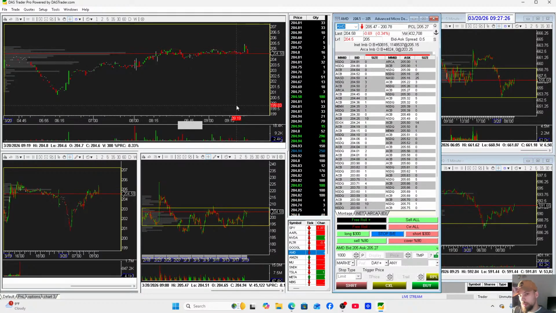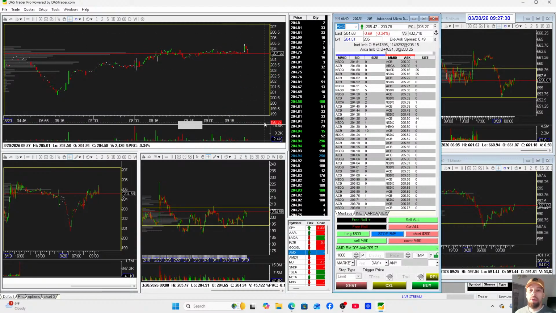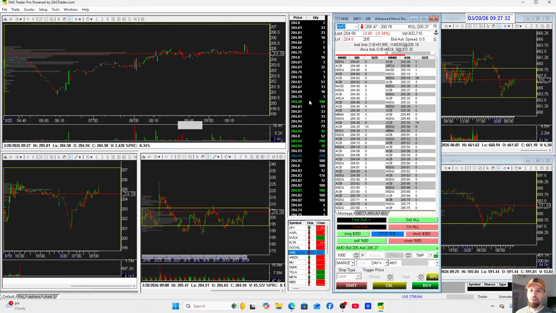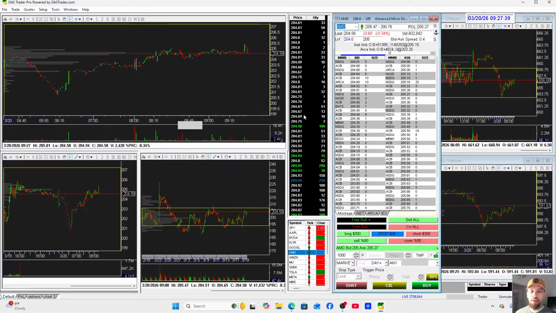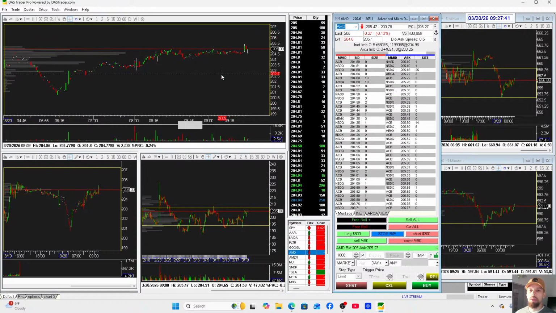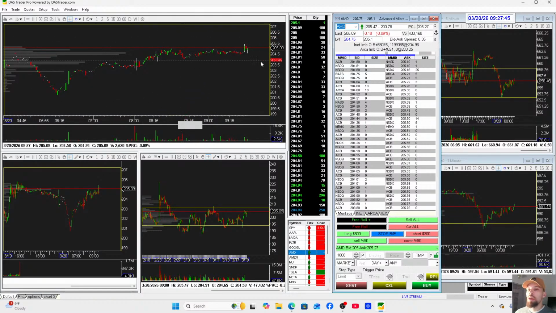So for anybody who's trying to figure out price action, if they have the level 2 or tape, time and sales going on, I think the best place to start is to get rid of all your indicators on your chart, because they can cause a whole lot of noise and distractions.